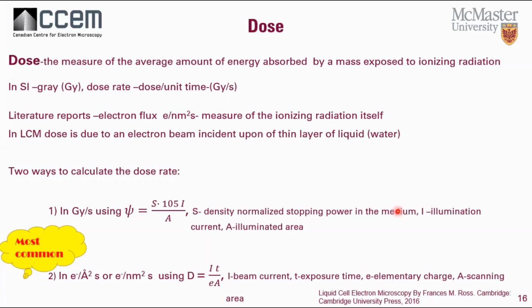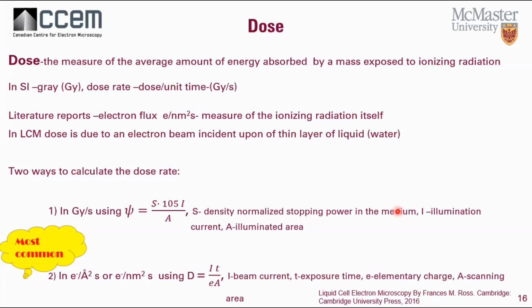In the International System of Units, the dose is measured in gray, or in gray per second if we talk about the dose rate. There are literature studies that report dose similar to the electron flux, which is measured in electrons per nanometer square per second.